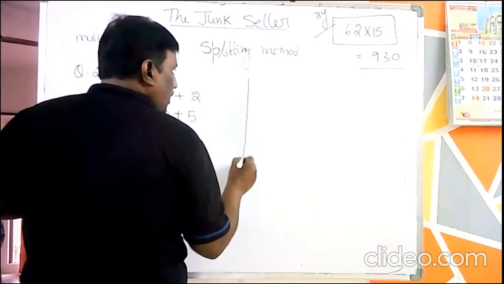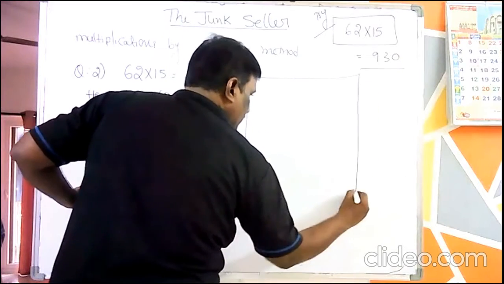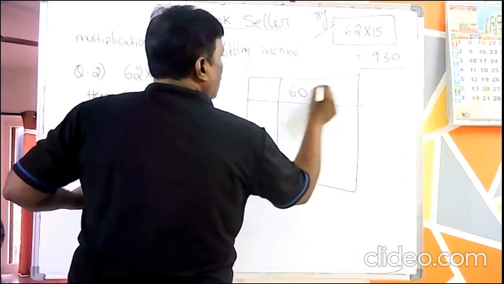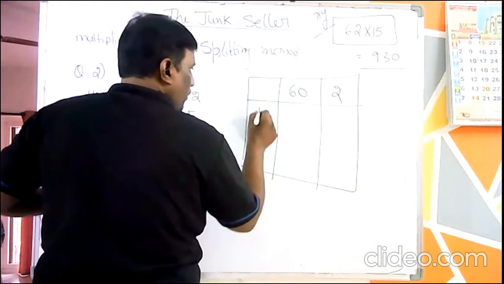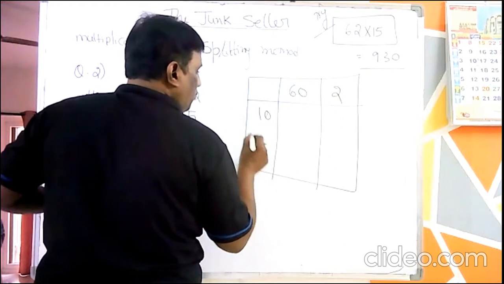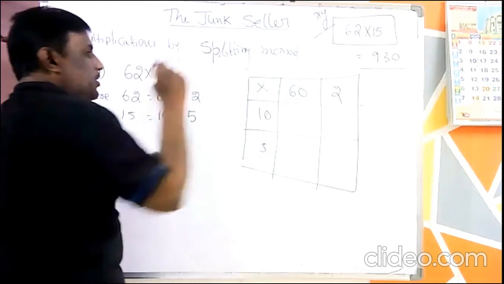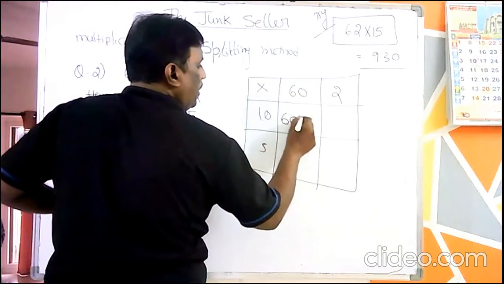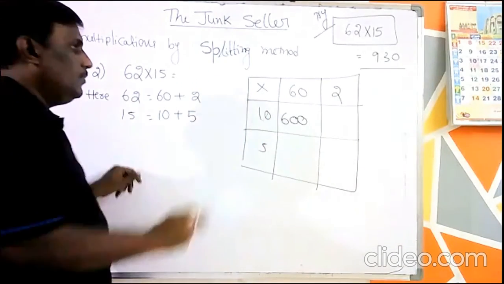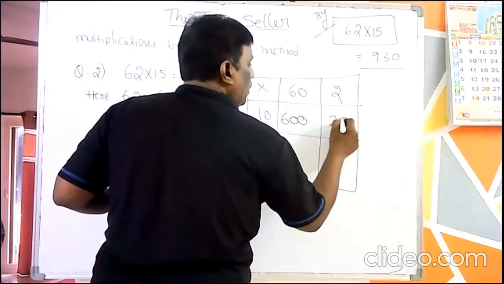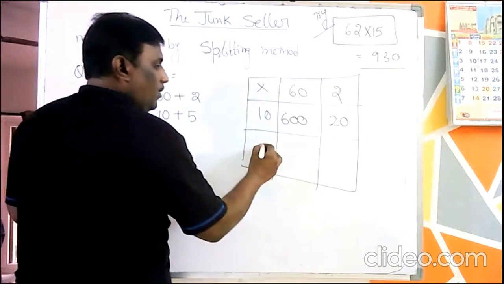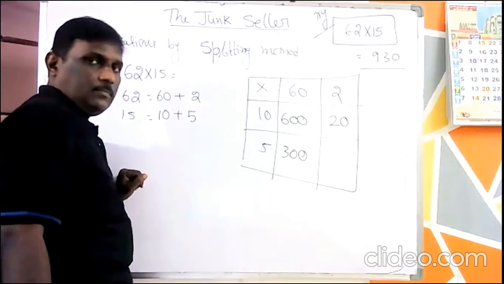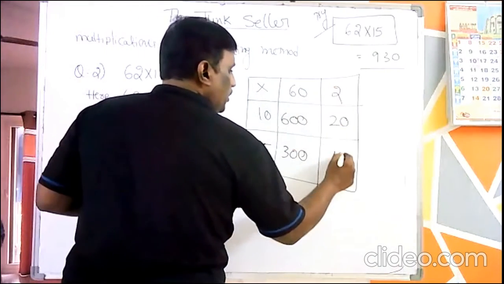Then draw the table. 62, 15: 10 and 5. Multiplication. 10 into 60, 600. 10 into 2, 20. 5 into 60: 5 sixes are 30, so 300. 5 into 2, 10.